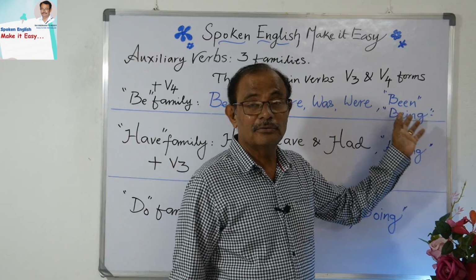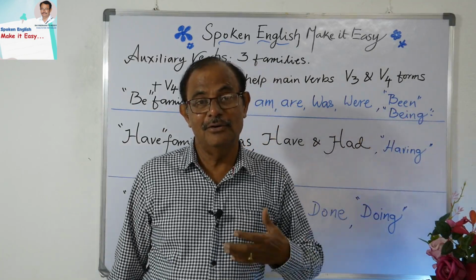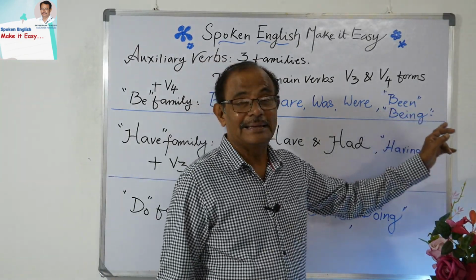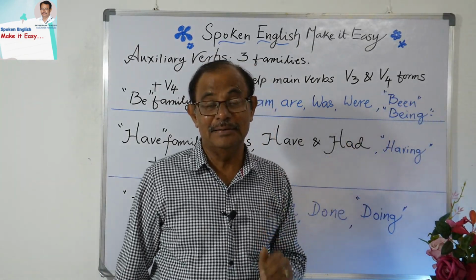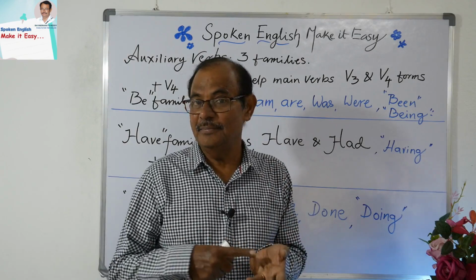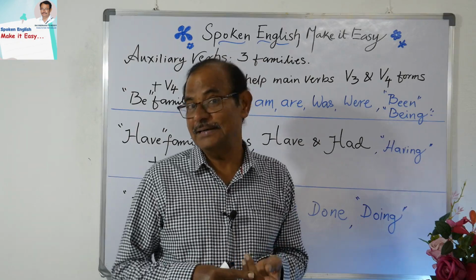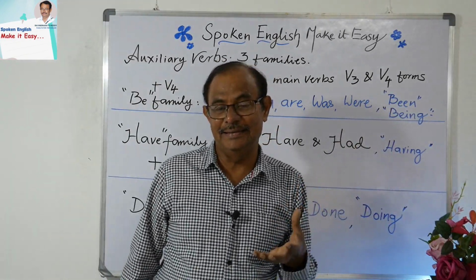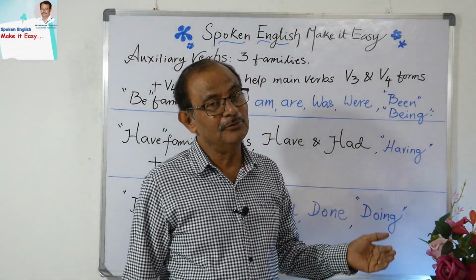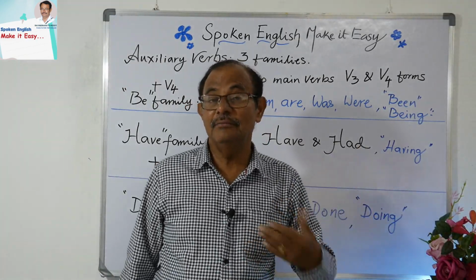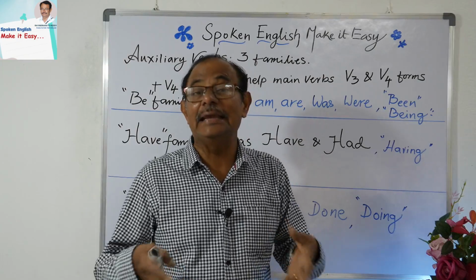And here we also have 2 other wonderful auxiliaries in other forms. What are they? Been. Been is nothing but the V3 form of the be family: present form, past form and past participle form. Yes, the past participle of be is been. It is useful in tenses. That's why I have taken this class now, even before going into the tenses in detail.